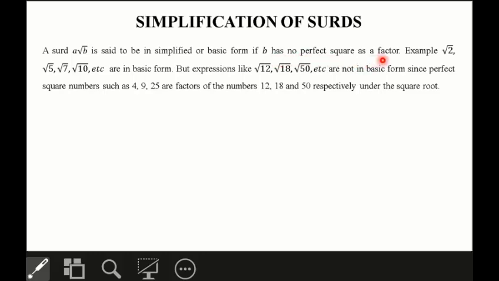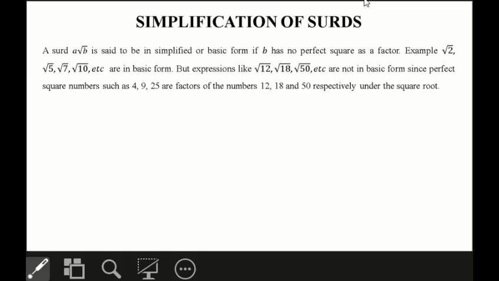That means that in simplifying surds, we make sure that if the number under the root sign can be expressed as a multiple of two numbers with one being a perfect square, then we must simplify that first to its basic form before we can say that this surd cannot be simplified further.